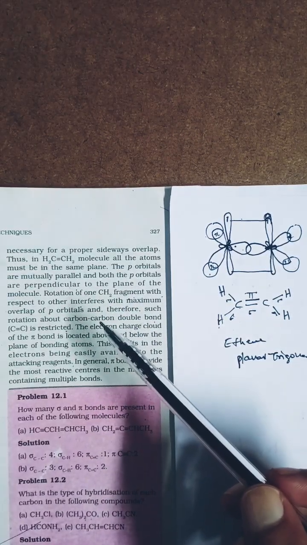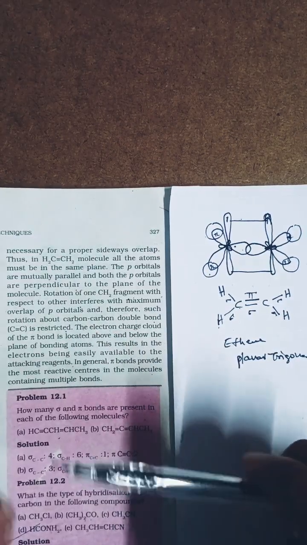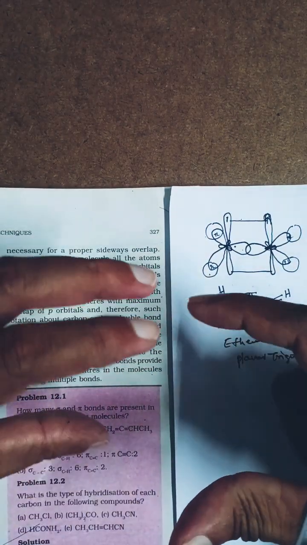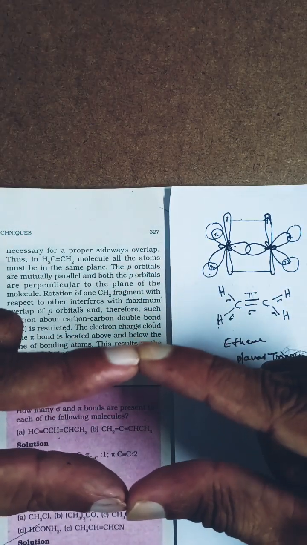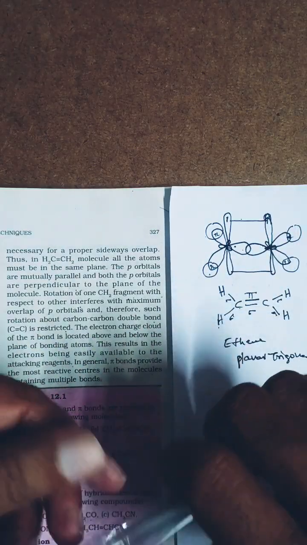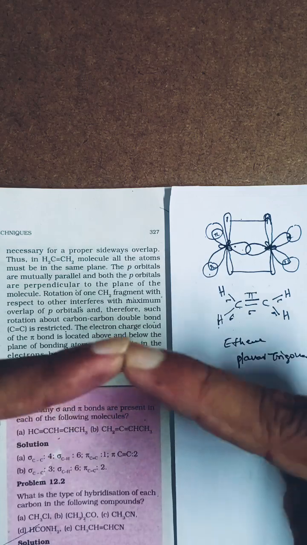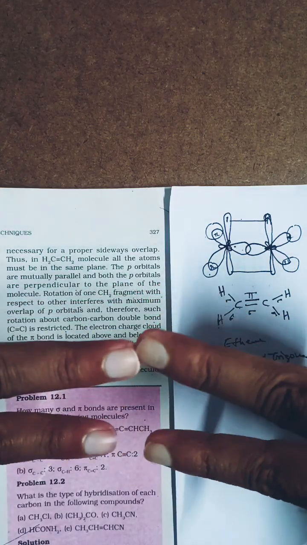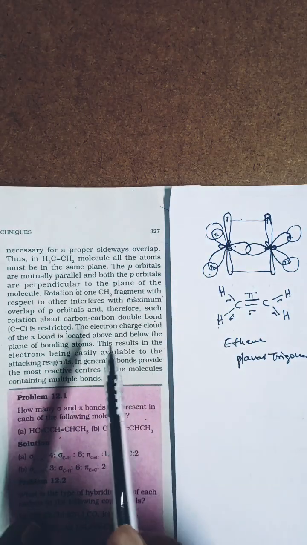They have restricted rotation, they are fixed. But a single bond can be rotated freely like this, while double bonds cannot be rotated.